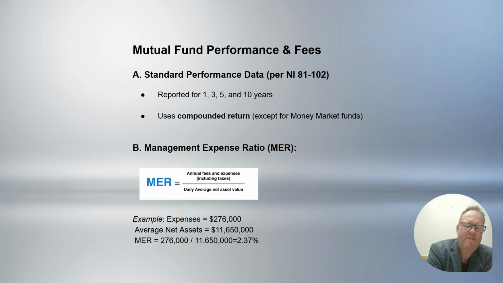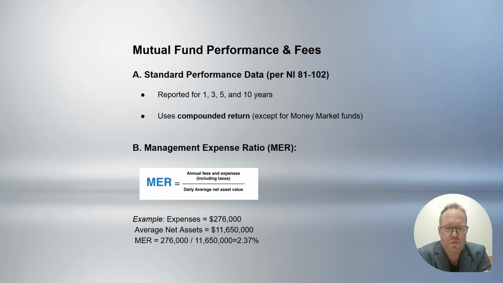So, mutual fund performance and fees. We have to use a specific method of reporting performance on a mutual fund, and that is regulated via National Instrument 81-102. It states that we need to report a 1, 3, 5, and 10-year rate of return.